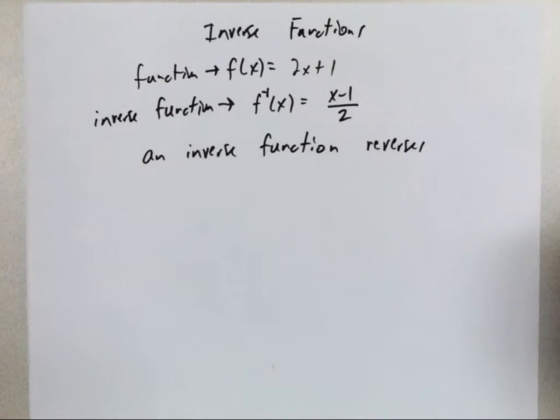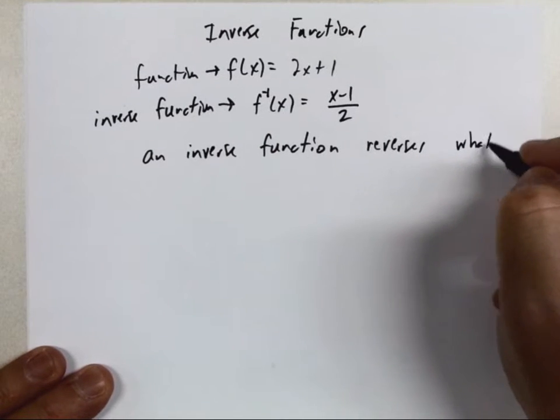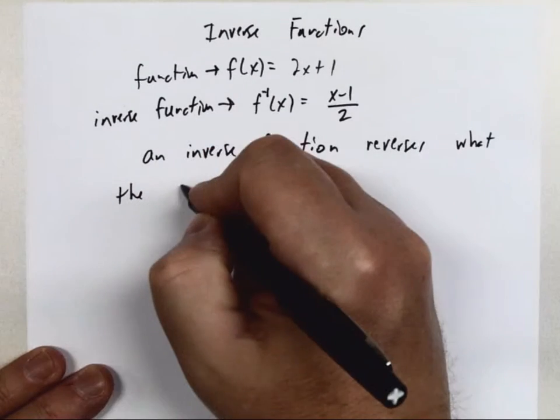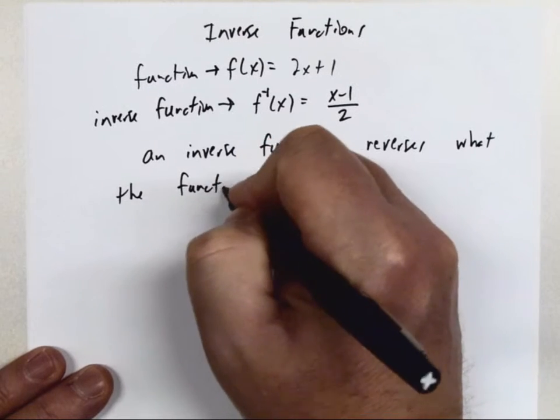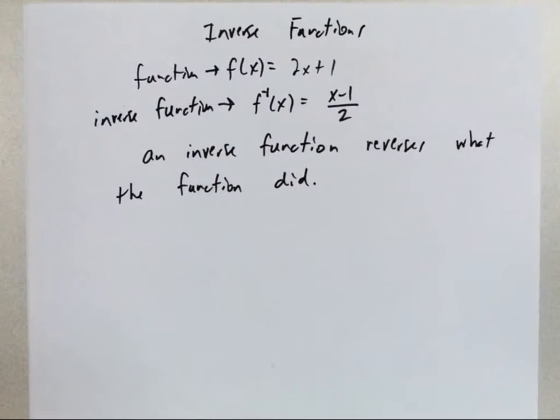An inverse function reverses what the function did. I think the easiest way to think about it is that it reverses, or undoes, what the function did.